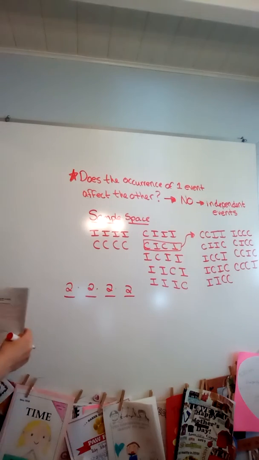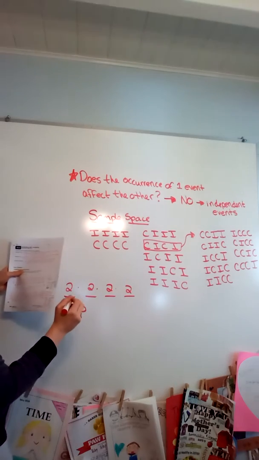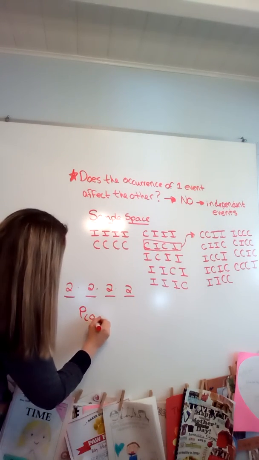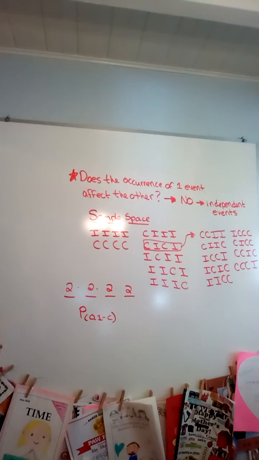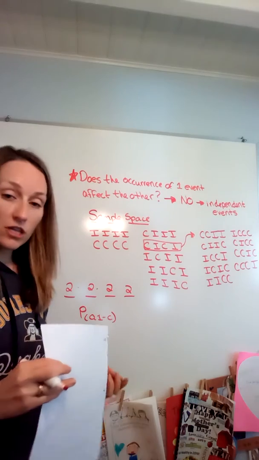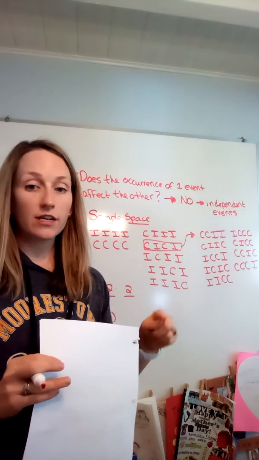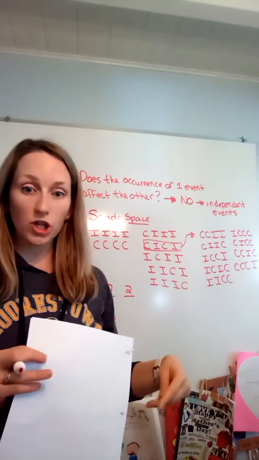Okay, so now we're going to talk about the probability. The probability of correct on question 1, Q1 correct. Again, you could probably think logically about this. If you're going to answer question 1 either correct or incorrect, the probability of answering it correct is going to be 1 out of 2, right?